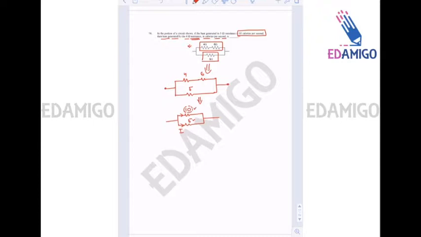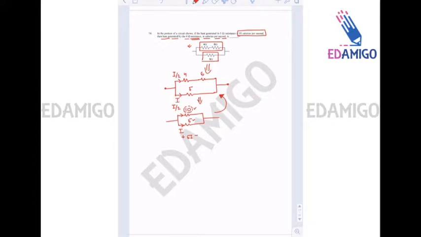If I is going in 5 ohms, the voltage drop across the 5 ohm resistance will be 5I. The same will be the voltage drop across the 10 ohm resistance. So the current going in the 10 ohm resistance is I by 2. Now, since 4 and 6 are in series, if we go back to the same figure, I by 2 is going here and I is going here.